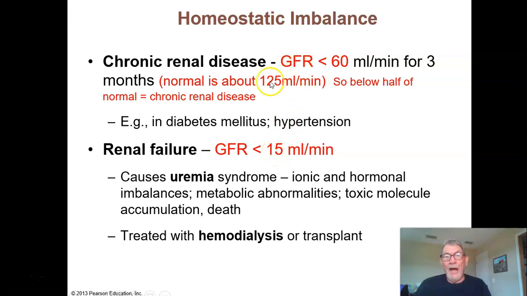So below half is early stage renal failure or kidney disease. And it has to be over a certain period of time, because you could have an infection in your kidney and make it drop down temporarily and then get better. But if it stays down there, you're in early stage renal failure or disease, and total renal failure below 15.